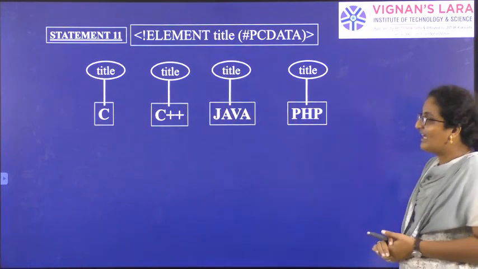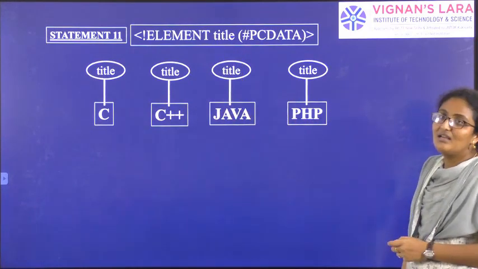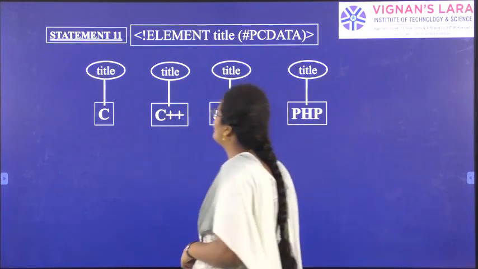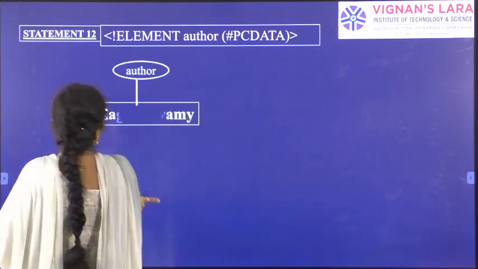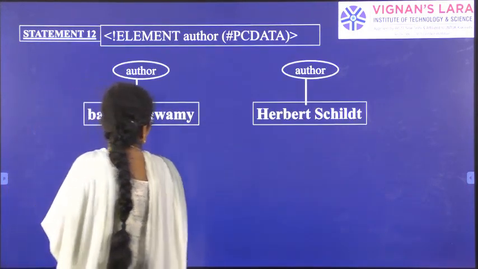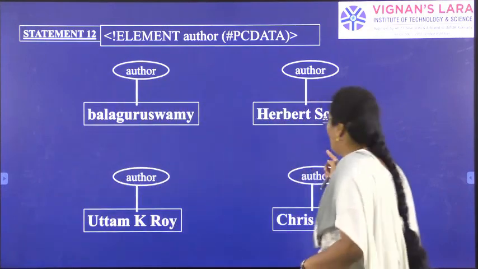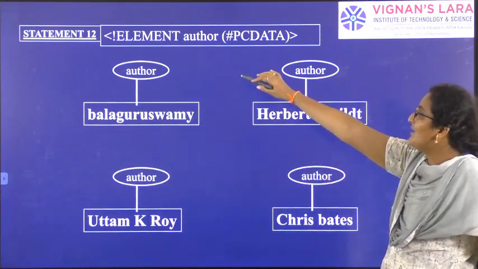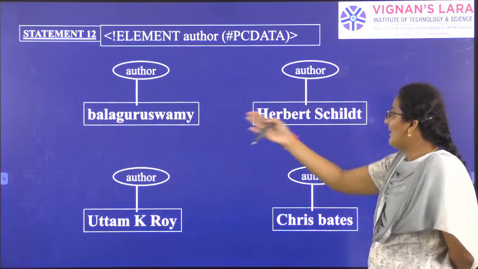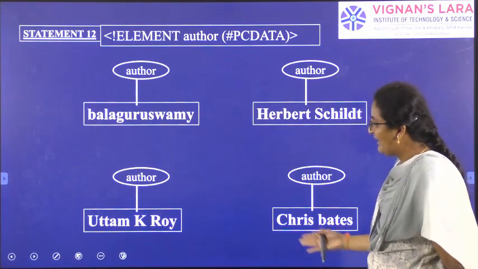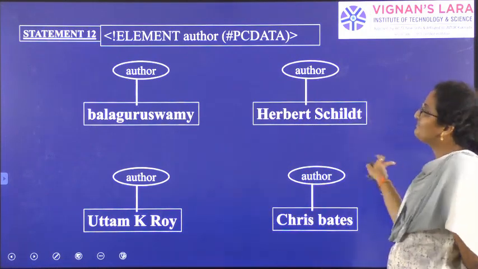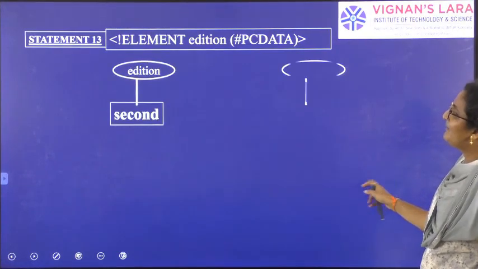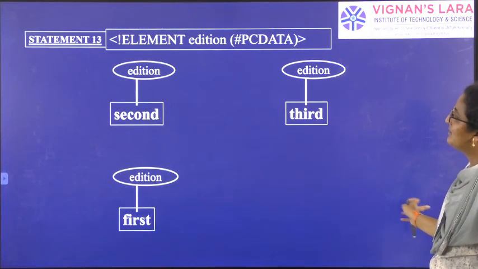We have taken 4 titles and we have given the data as C, C++, Java and PHP. Next one, element is author. Next element is author. Author can be Balaguruswamy, Herbert Schildt, Uttam K. Roy. Next element is edition.